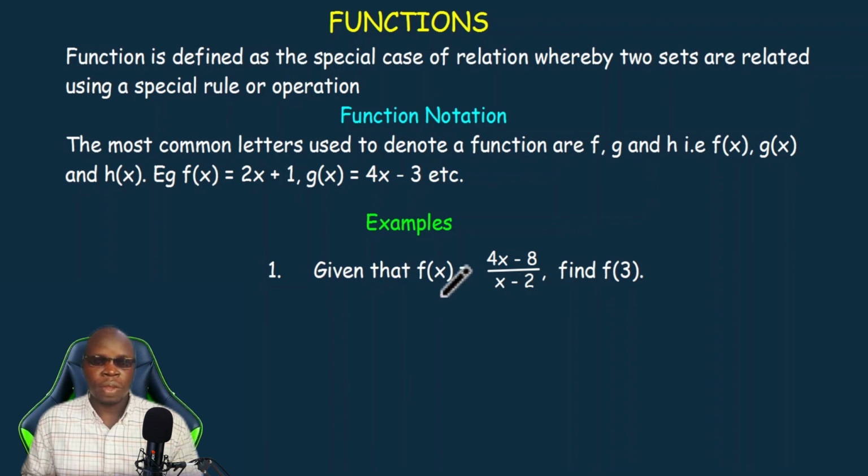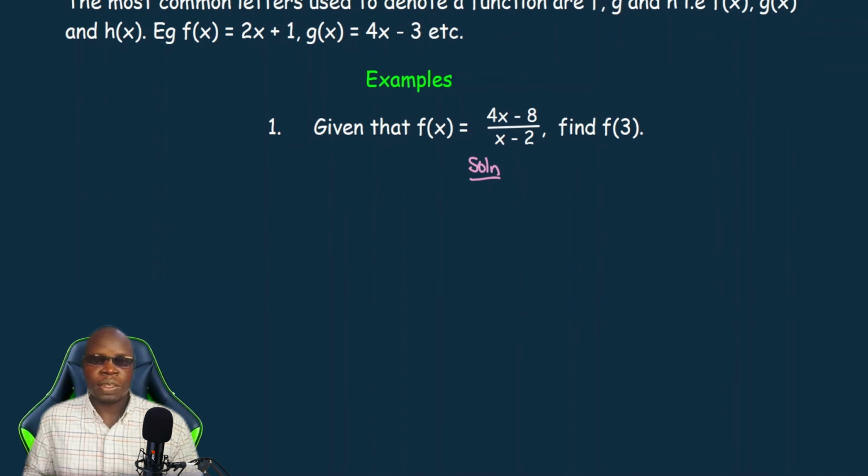So without further ado, let's have this question written down here, and we have the solution. At the same time, let's have more space. So we have here our function f of x given by (4x minus 8) over (x minus 2).